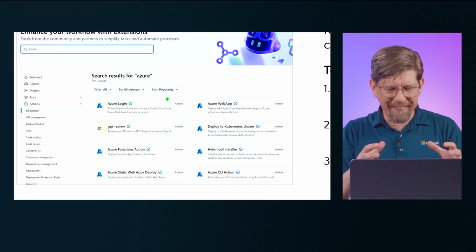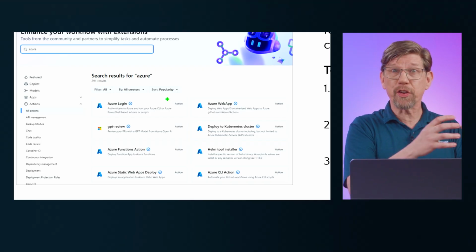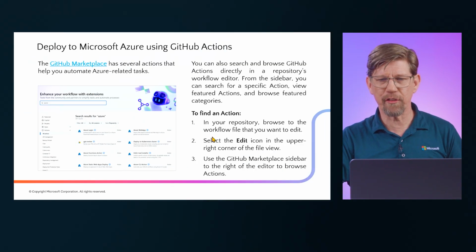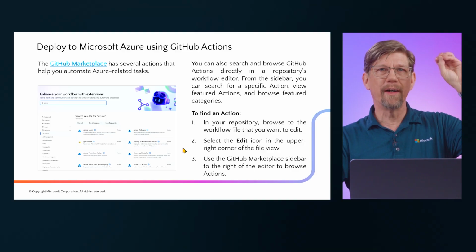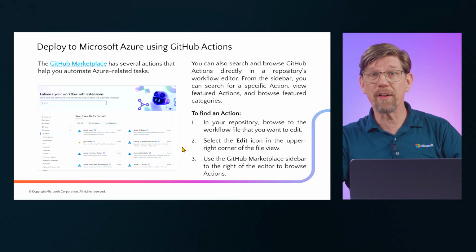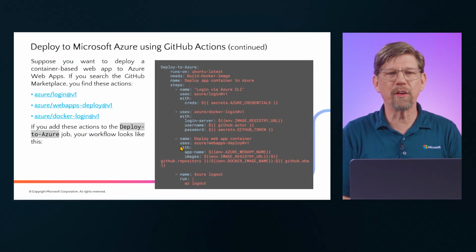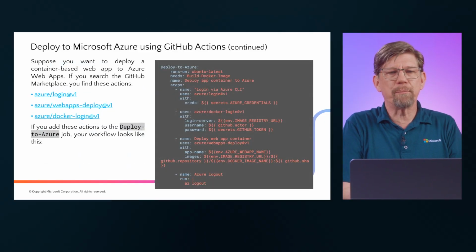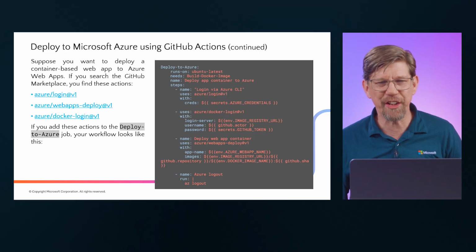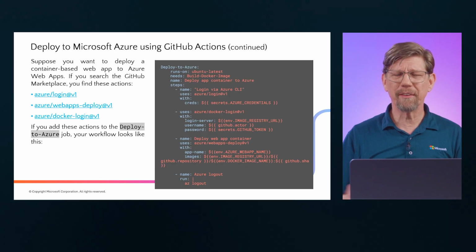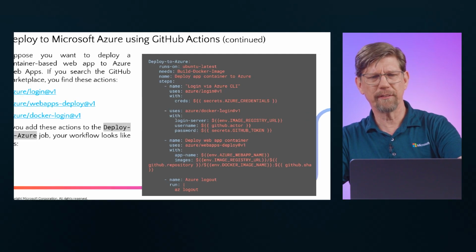So the core of there should be an action for that doesn't change, right? So that's still part of it. So in your repository, go through the Marketplace, find the ones that are related to you. In this scenario here, we're going to be taking a look at, so what does it take to deploy to, say, an Azure resource? And you can see a pretty simple recipe for putting that together.